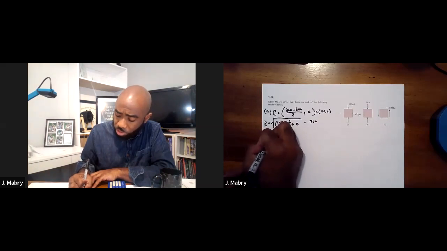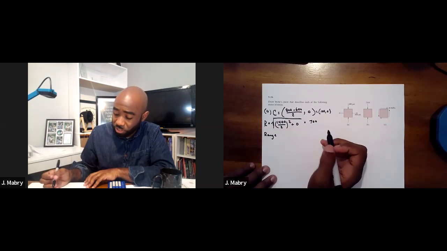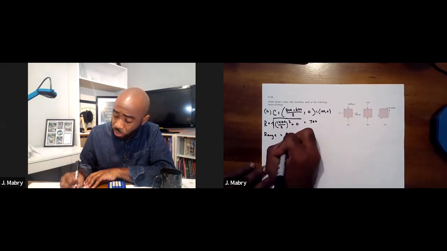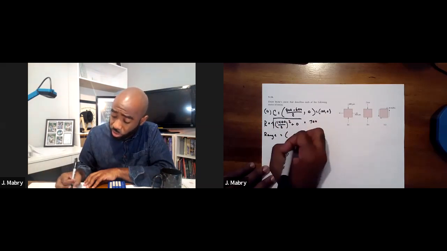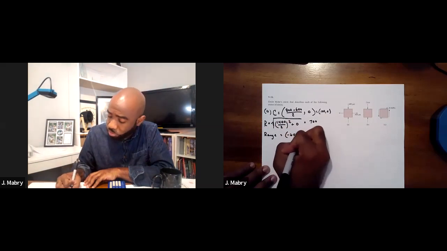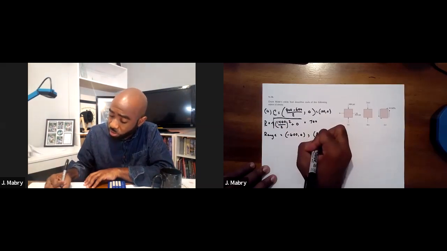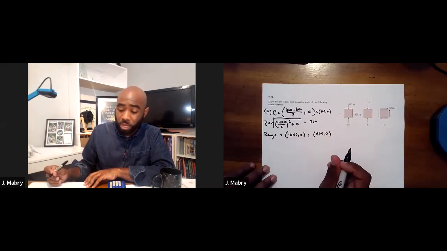And then our range, it's basically going to be plus minus that 700. So on one hand, we'll have a range of negative 600, 0, and the other side being 800, 0. And then last but not least, a reference point.